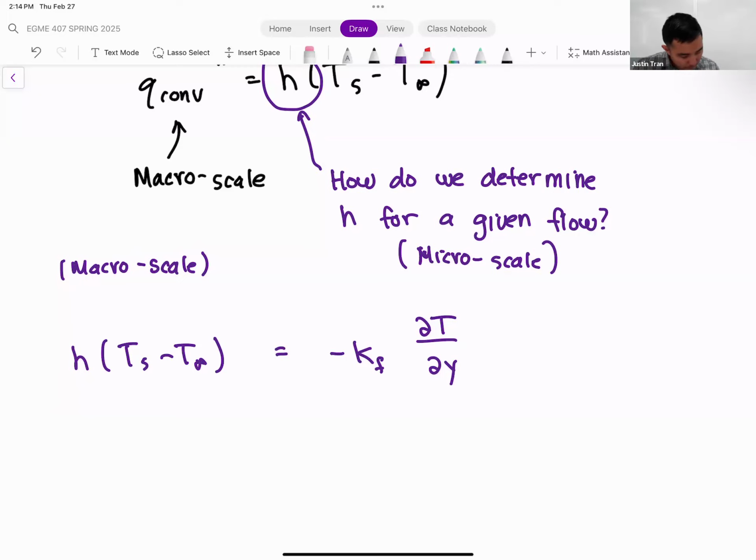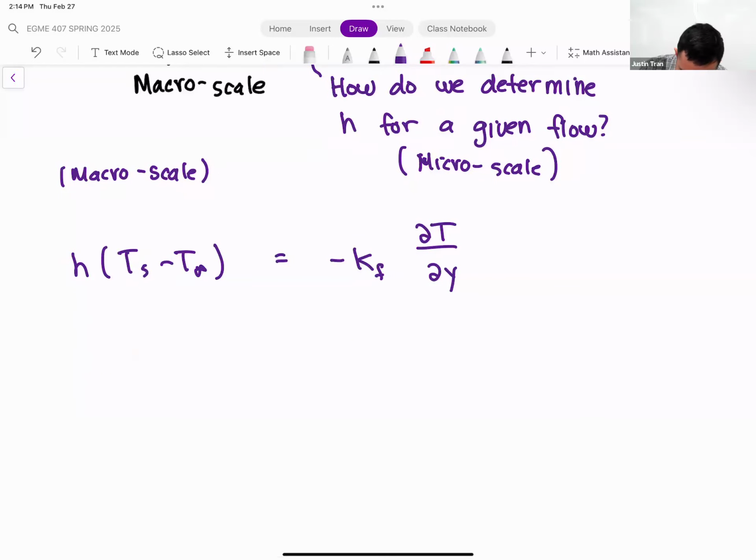So very quickly, let's solve for h in this expression. This is not a useful expression, so we're not going to use it, but it is helpful for us to get some intuition from it. If we solve for h, we get h is equal to minus kf partial T partial y divided by Ts minus T infinity.